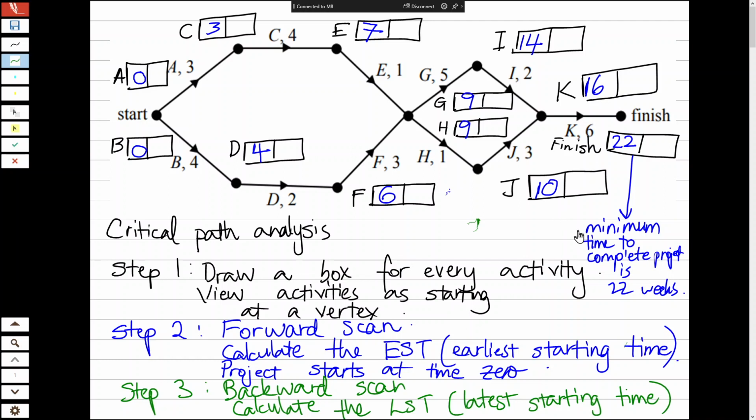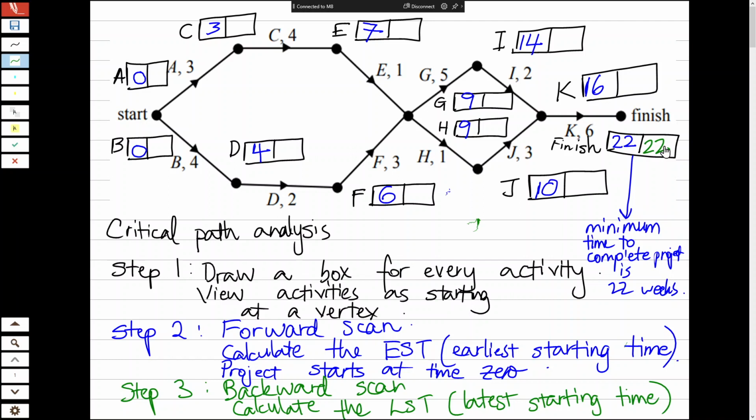Okay, so we are on step 3 now. We are doing what's called the backward scan. Remember, our goal is to finish the project as quickly as possible. So in the box on the right, we are now going to write the latest starting time. I don't want any delay, so what we're saying is the latest that the project can finish is 22.